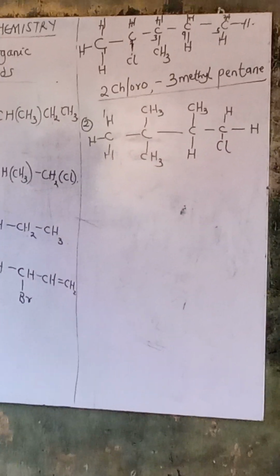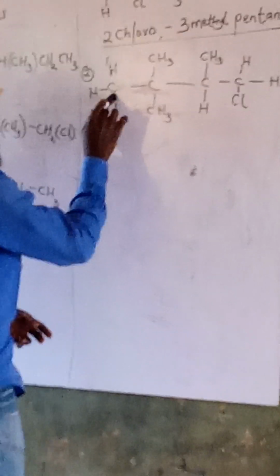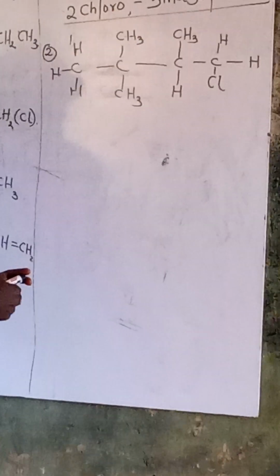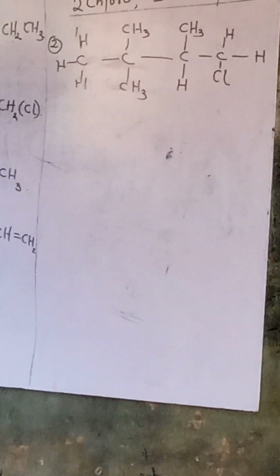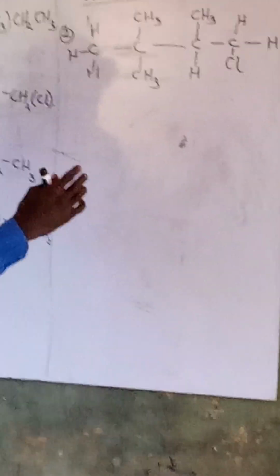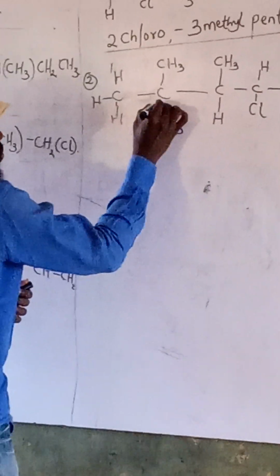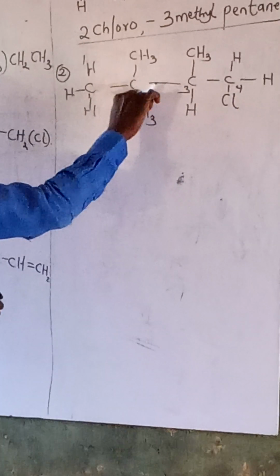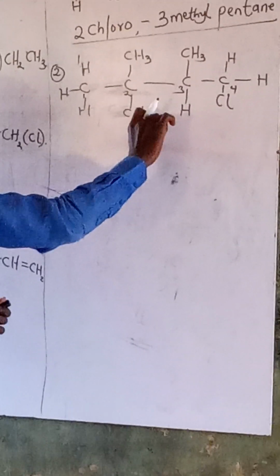I told you, we will look at the longest carbon chain. 1, 2, 3, 4. This is the longest one. 4 carbon. Now, I told you, we will start from the place where we can find the lowest number. If I start from here, 1, 2, 3, 4, I meet methyl up and down here.